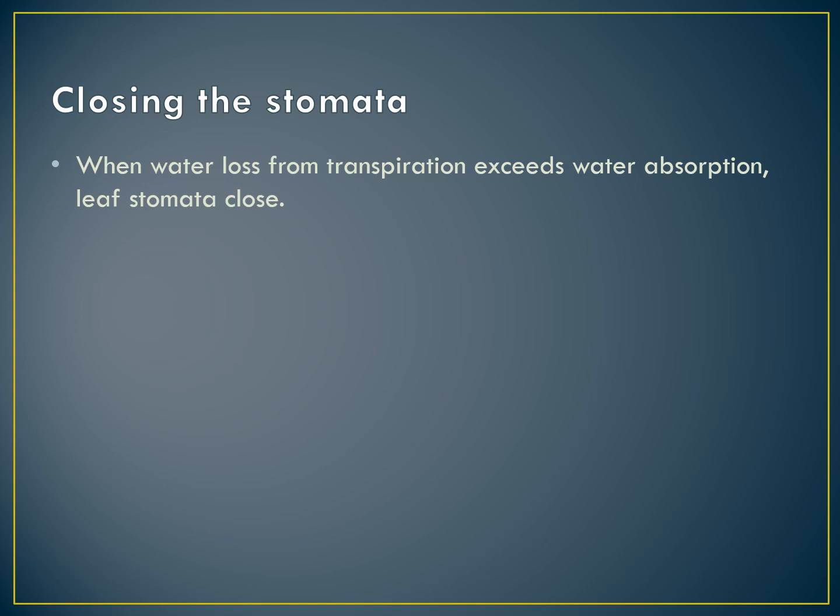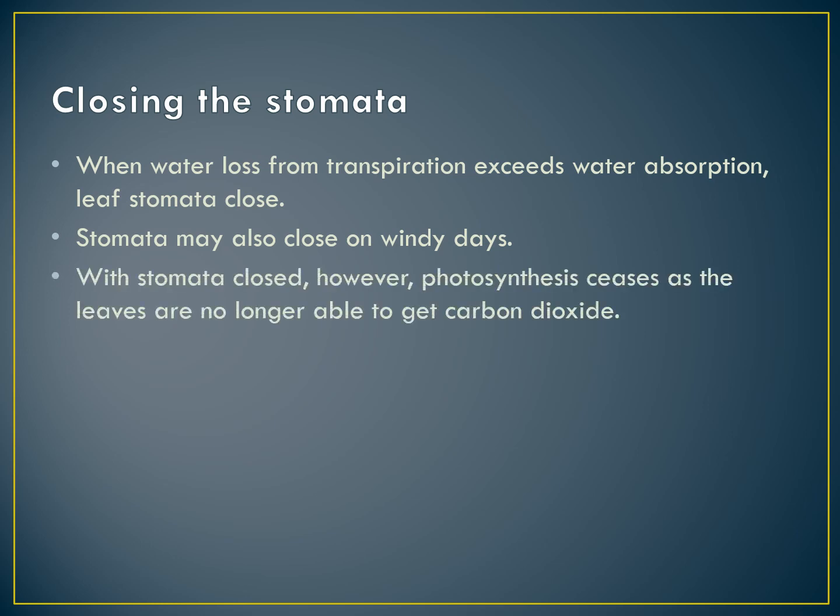So when the plant is losing more water to transpiration than its root system can absorb, the leaf stomata will close. Stomata may also close on windy days. With the stomata closed, however, that poses a problem because photosynthesis is going to grind to a halt as the leaves are no longer able to get carbon dioxide out of the atmosphere because now the stomata are closed.